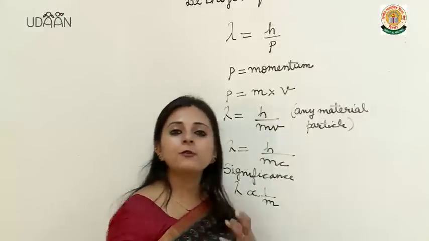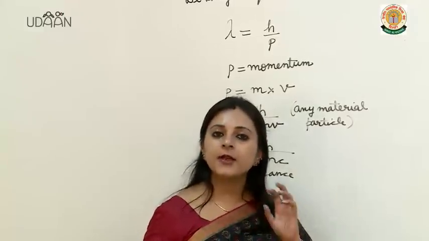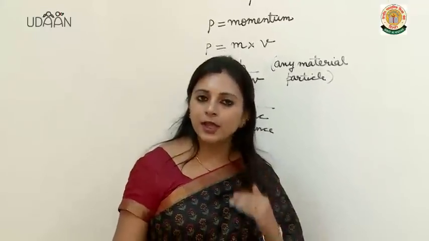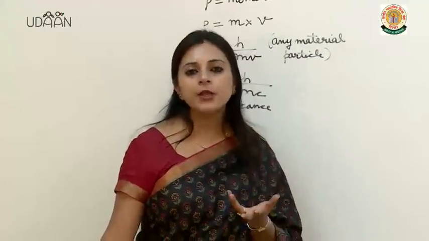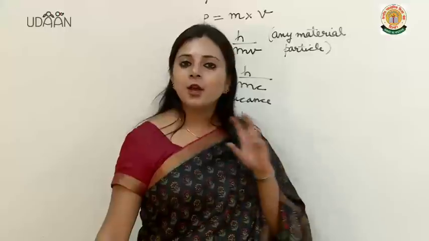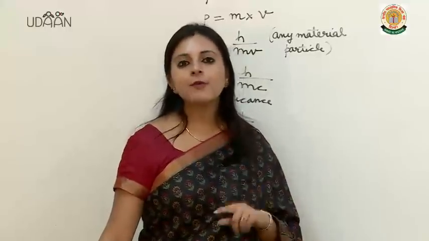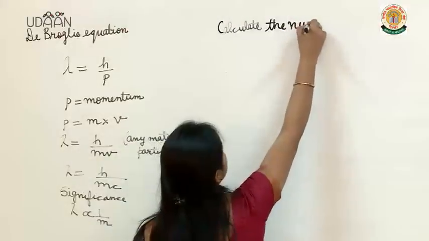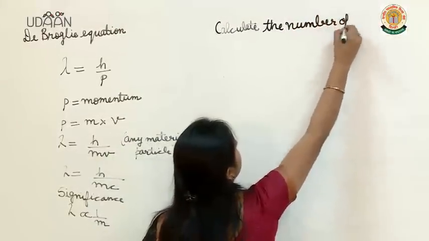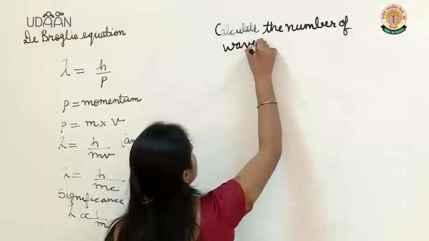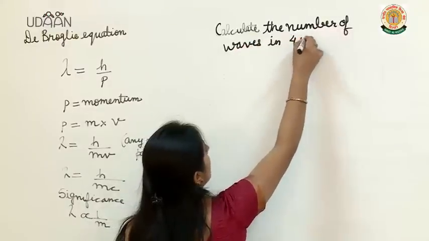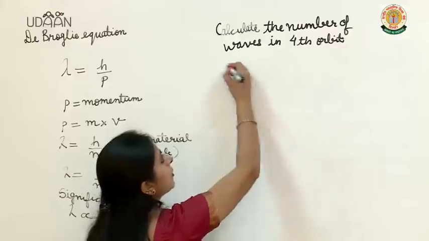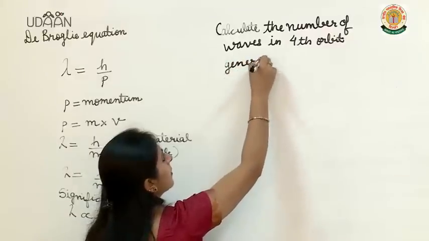Now if you have to find out, if an electron is moving in a particular orbit, how many waves will it generate? One thing you have to remember is that I am calculating the number of waves in the fourth orbit generated by an electron.